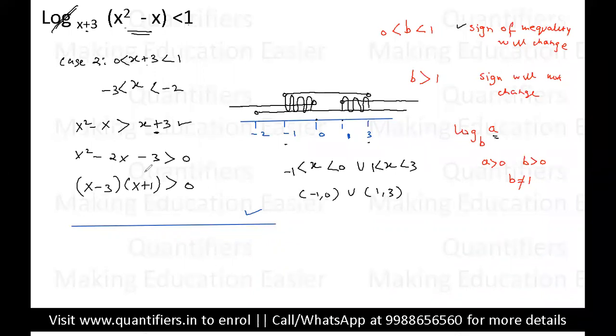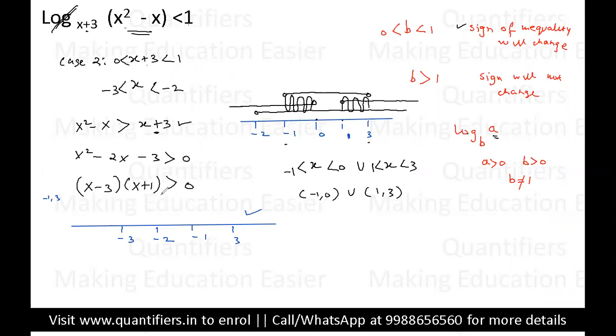From here you will get the roots -1 and 3, and from here we are getting -2 and -3. So obviously first -3 will come, then -2, then -1, and then 3.